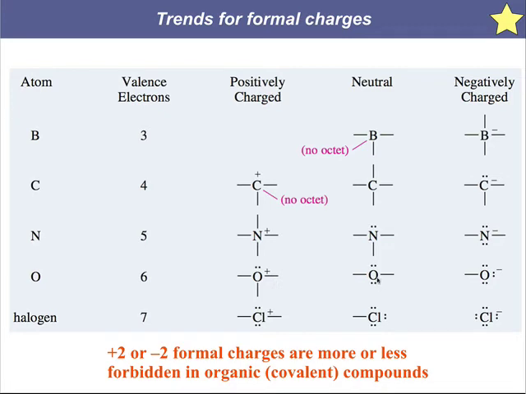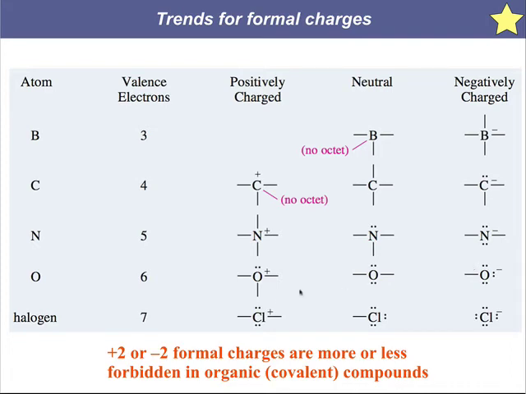If we turn another bond into a lone pair, we go from 0 to -1. You can follow the pattern. I would advise you to go through these bonding arrangements and calculate the formal charge for yourself. Prove to yourself that the positive charges are there, or the neutral charges are there, or the negative charges are there.